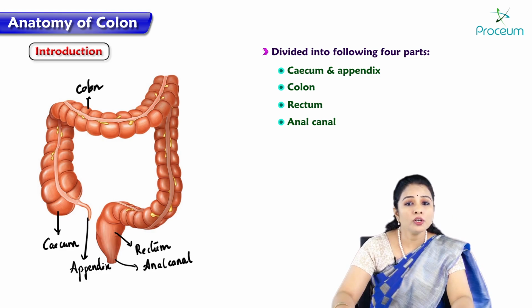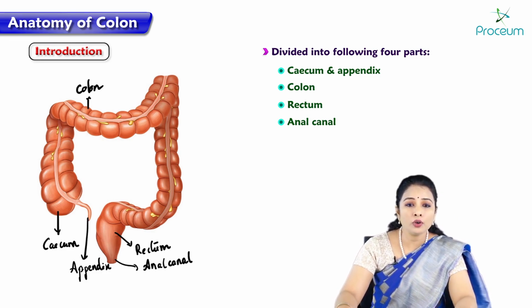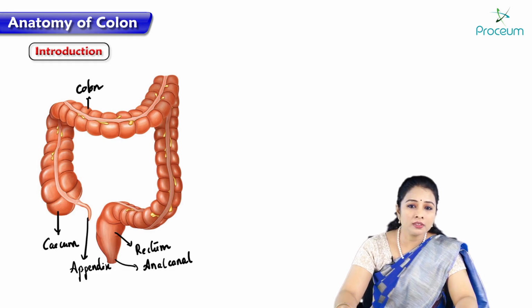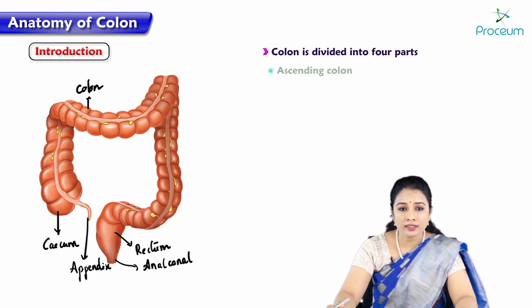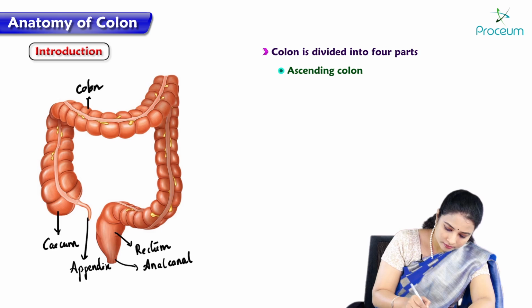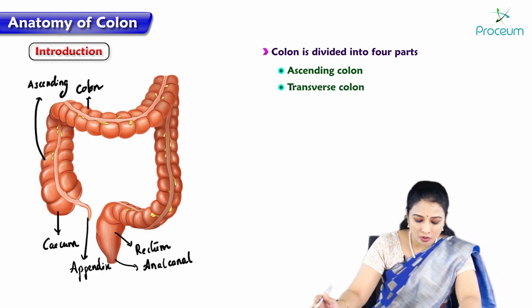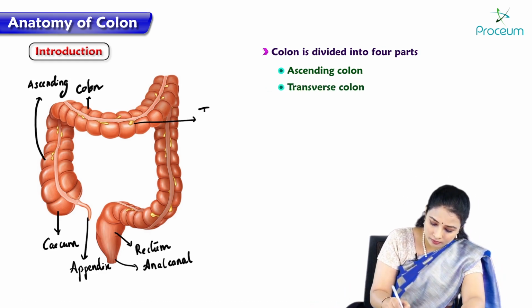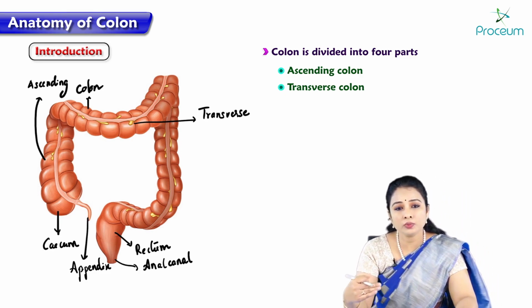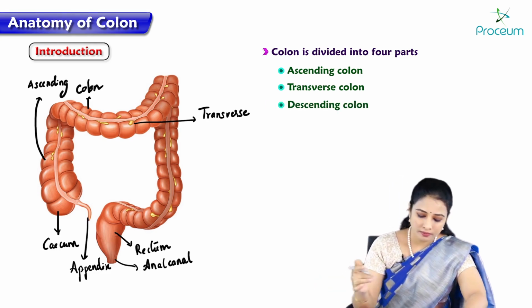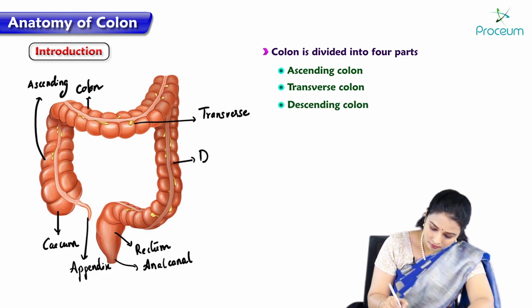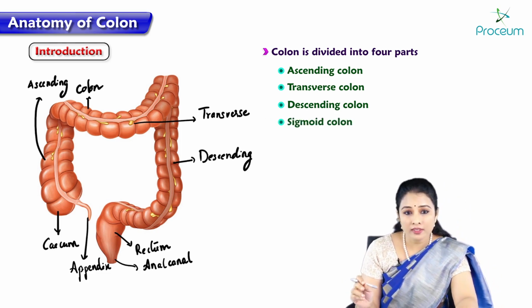In this module, we shall be talking about the anatomy of the colon. For further descriptive purposes, the colon is divided into four parts: ascending colon, then transverse colon, which runs transversely, descending colon, and finally the sigmoid colon.